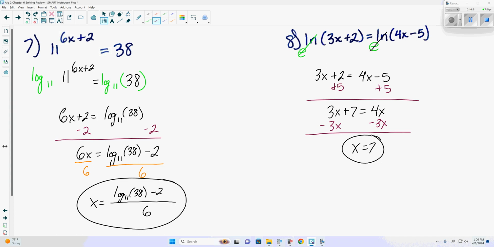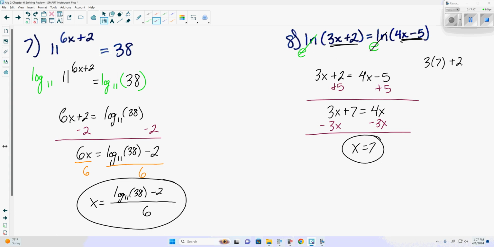Now, one thing that is nice is if you do get a single answer on these, that will most likely be the correct answer. If you get more than one, check and make sure that we do not have a negative number inside the logarithm, as we cannot have negative or 0 in the logarithm. Plugging it in, 3x plus 2, so in this case 3 times 7 plus 2, this value cannot be negative or 0.